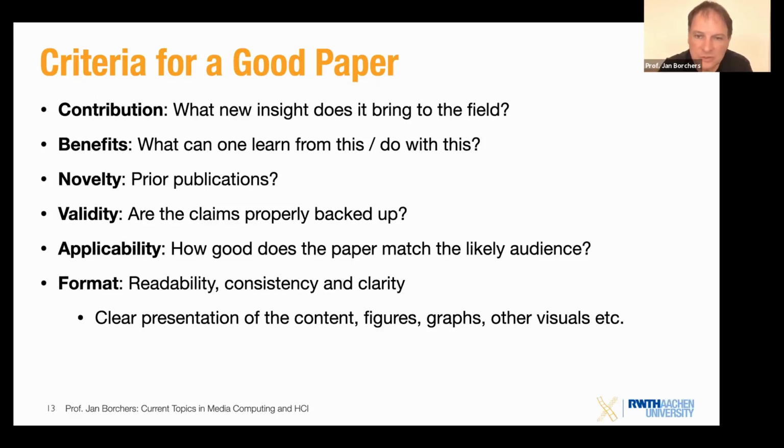So the text should be easy to read. It should be proofread carefully before submitting. It should be consistent, and if it introduces a new term, it should use that term consistently throughout the paper. And it should be written clearly so that the reader is really taken by the hand, if you like, and guided through the author's thought process.